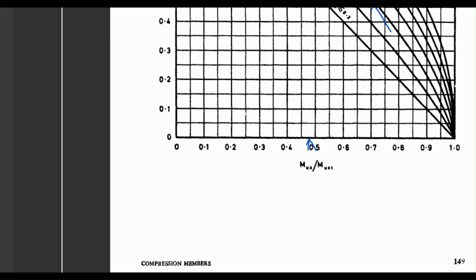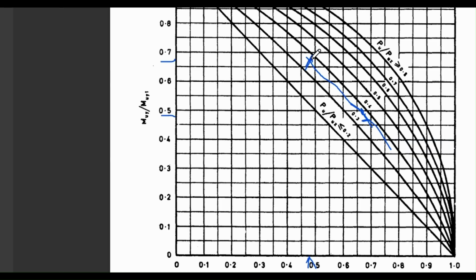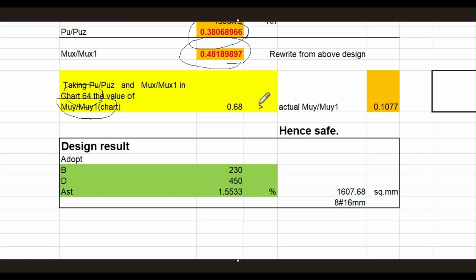Equating this, it meets somewhere here. The Y value, which is maybe 0.6, 0.65, 0.68 maybe, is the value. This is the 0.68 we have put here. From chart 64, the Muy by Muy1 as per the chart is 0.68, whereas the calculated value is only this much.